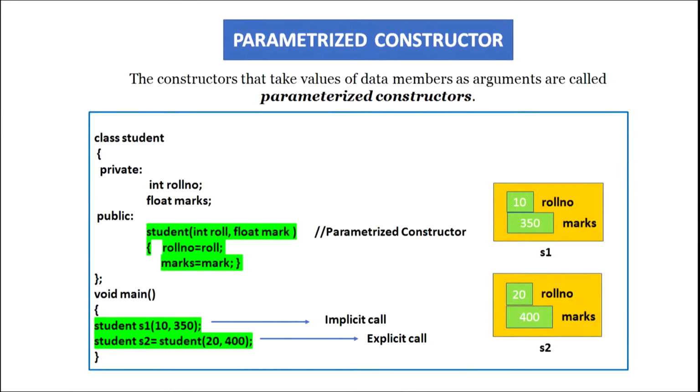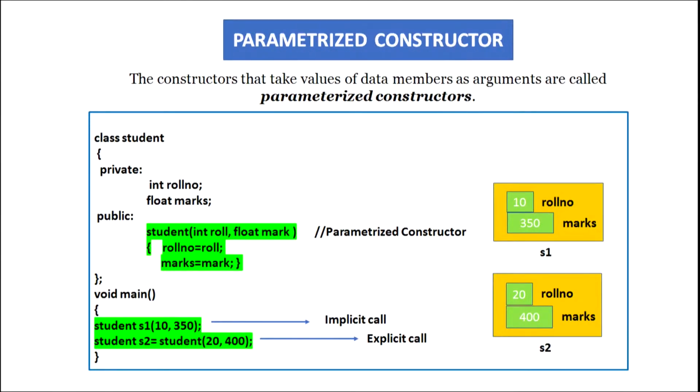So, in the body of the parameterized constructor, we will write roll number equal to roll and marks equal to mark. That is, we are assigning the value roll to roll number and mark to marks. Now, in the main, the statement student S1 10, 350.